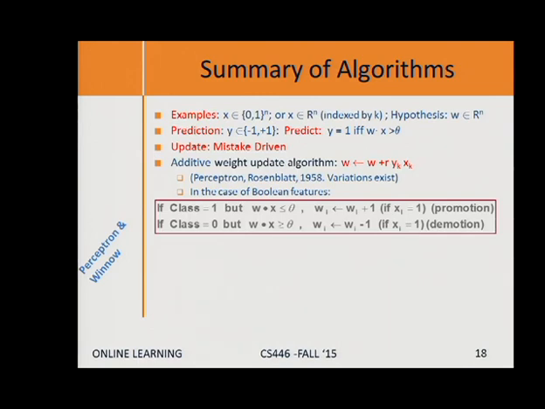W is going to be replaced by W plus yX. Right? I'm adding the feature vector or subtracting the feature vector, depending on whether y is 1 or minus 1. And as we'll see, there's a lot of variation on this algorithm. We'll see it in a few minutes, but this is the core algorithm.